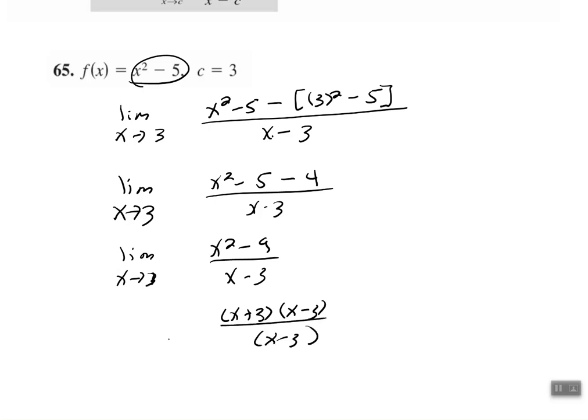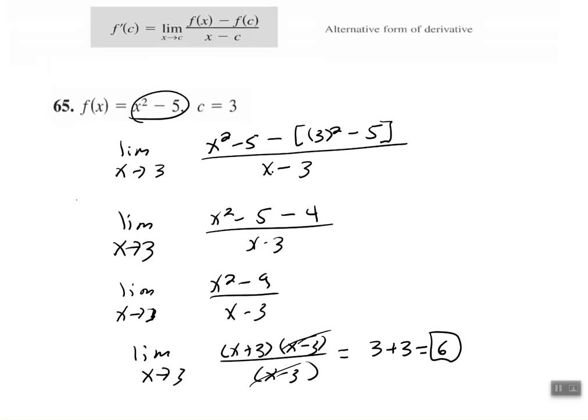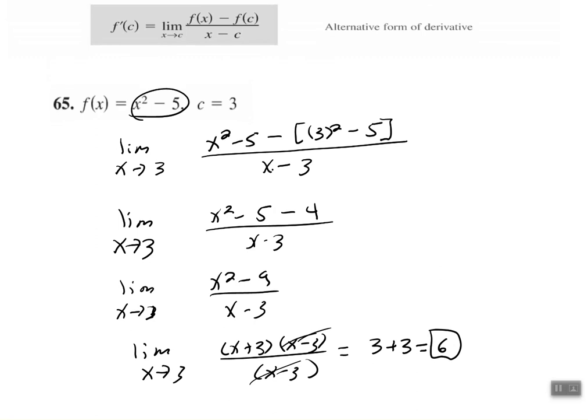And this is just another form of finding your derivative, another method you can use. And then the x minus 3's cancel. So you end up with, by substitution, 3 plus 3, which equals 6. So all of this is substitution and practice, really a lot of algebra practice here.